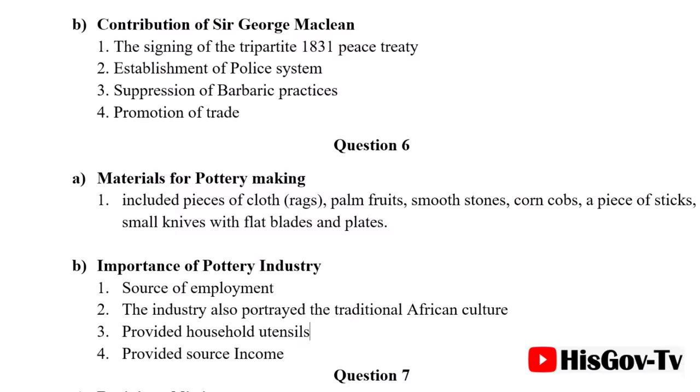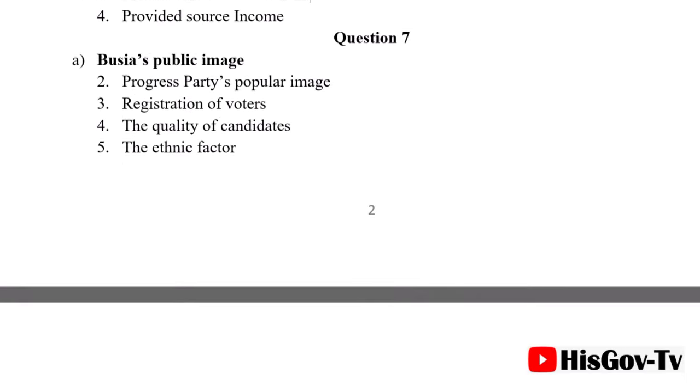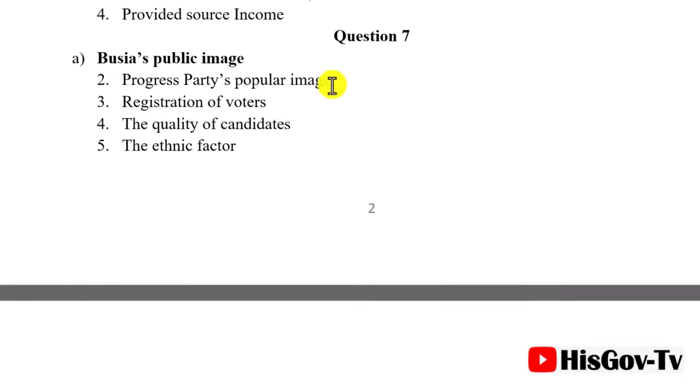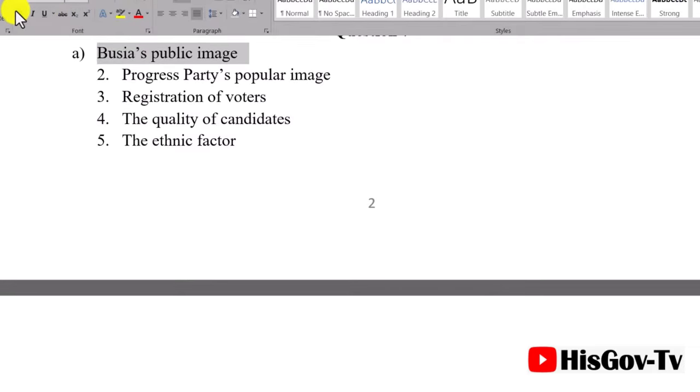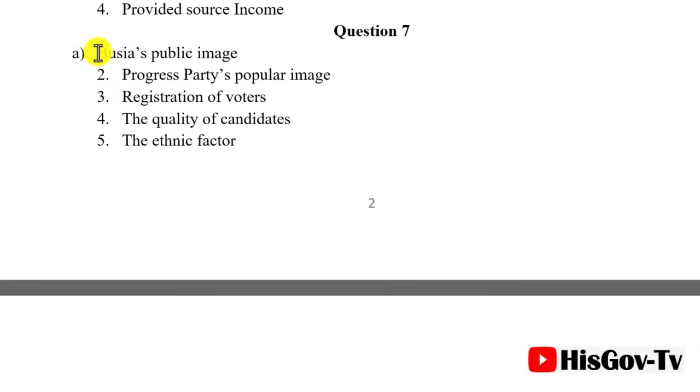Now let's look at question number 7. Why Busia won? One was his public image, which is also here. So this is the first point, his public image. He was very popular at that time. Also, the Progress Party won because of the party's public image. They are all also here.